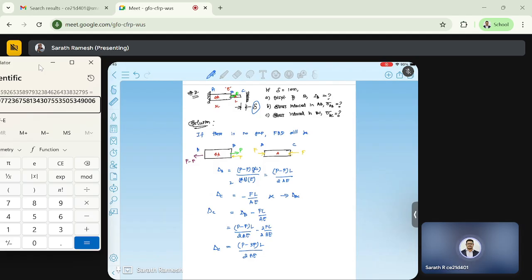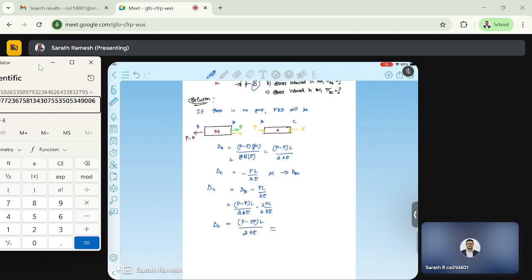If it is 0, there is no stress induced, but for the stress to be induced, which means for the F to arise, we need at least a displacement equal to the gap, that's 1 mm, right? So I'm going to equate this with delta as given in the question.